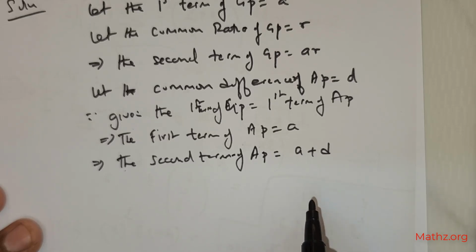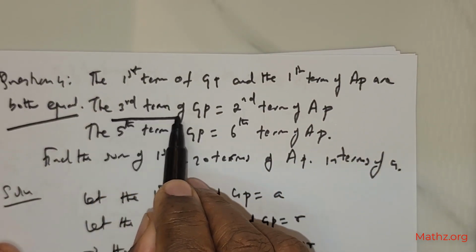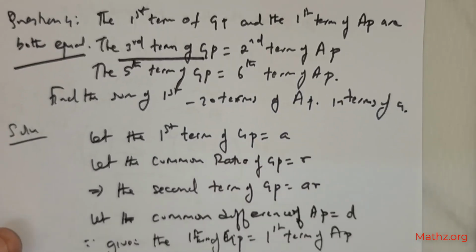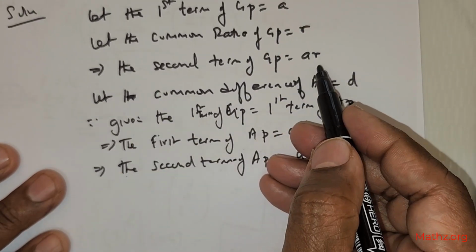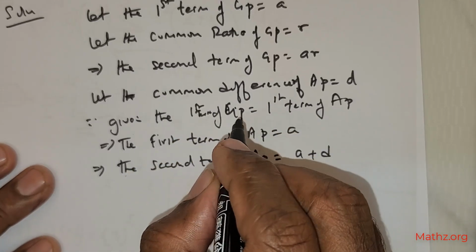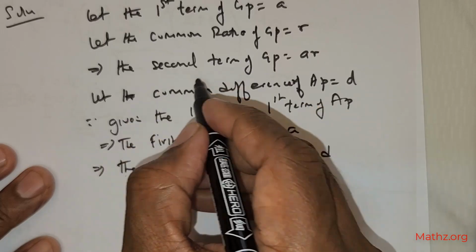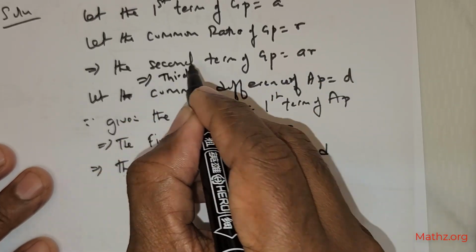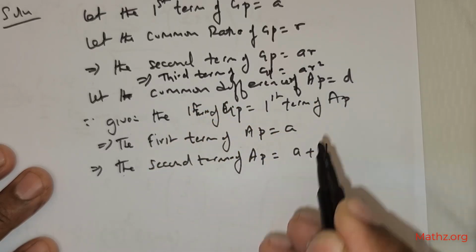Now we are given the third term of GP is equal to the second term of AP. Now this is the second term for the geometric progression. So now from here I can write, this means the third term of GP will be A times R squared.